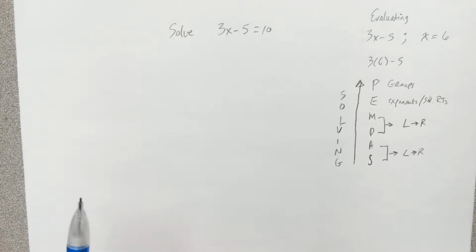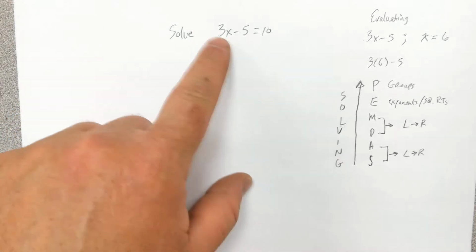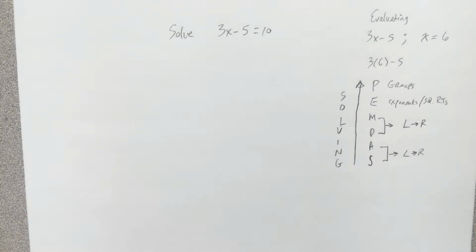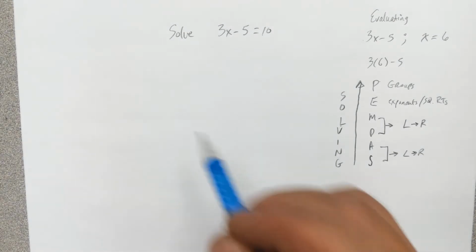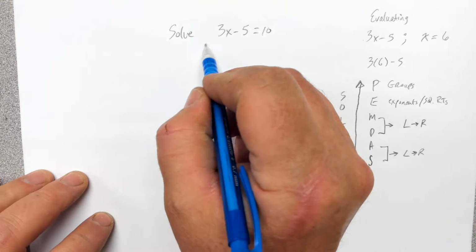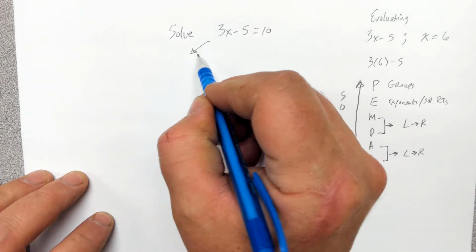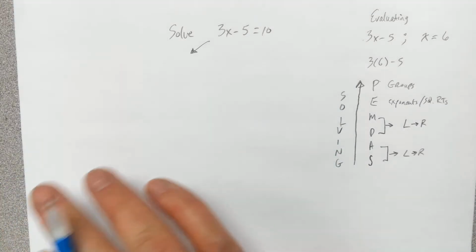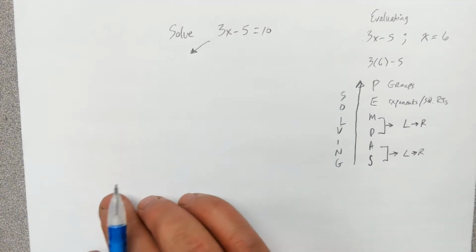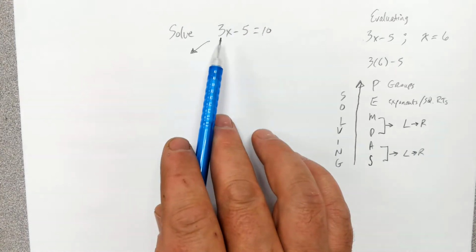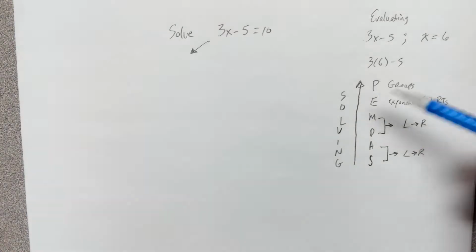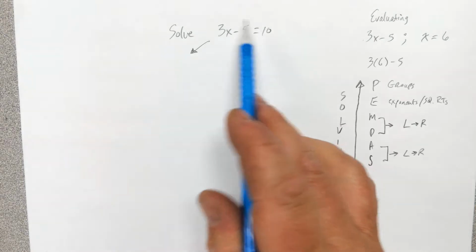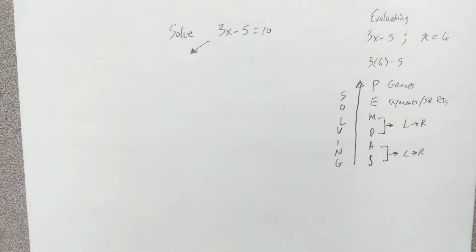So then really the trick is we have to identify what operations are here. That's really what we got to do. I want to make sure you understand what I'm doing, like why I'm doing it, not just what I'm doing. I want to help you see what operations are occurring in this equation, because we just have to do them backwards.